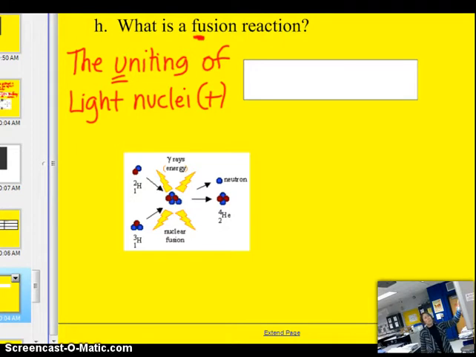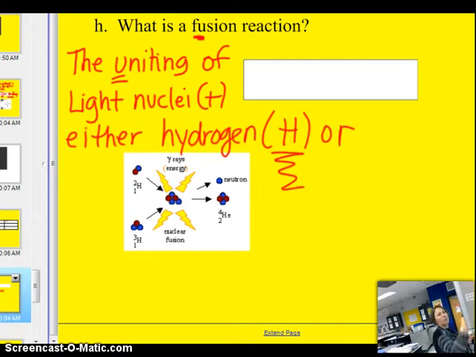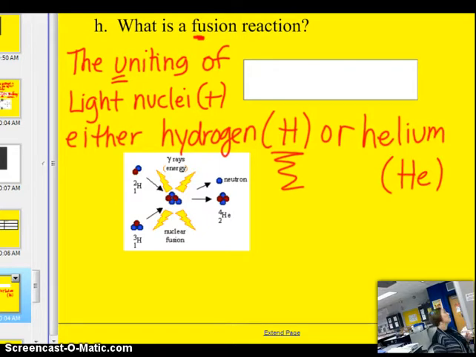So we're trying to bring together light nuclei. And the lightest nuclei are either hydrogen or helium. That's who you're going to bring together. Usually it's hydrogen. You've heard of a hydrogen bomb. Okay? To make something heavier. And it's not heavy by any means, but it is heavier than the original nuclei.